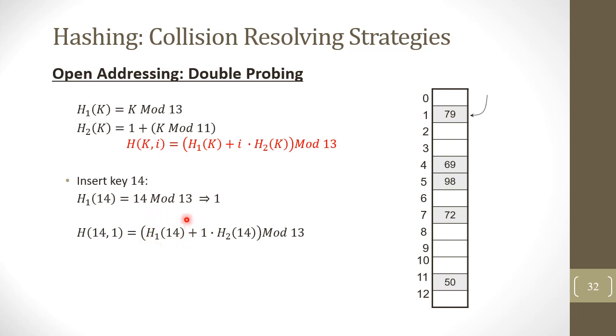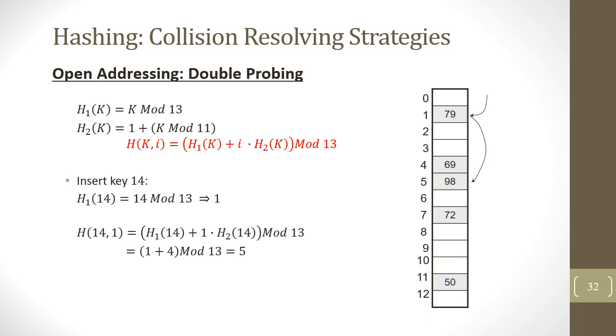This value here is 1, and this value here will be 4, since we plug in 14 here. We will get 14 mod 11 plus 1. So that is 3 plus 1, and that is 4 here. So we solve this, and we'll get the value of 5. So our next probe will be to the 5th location.